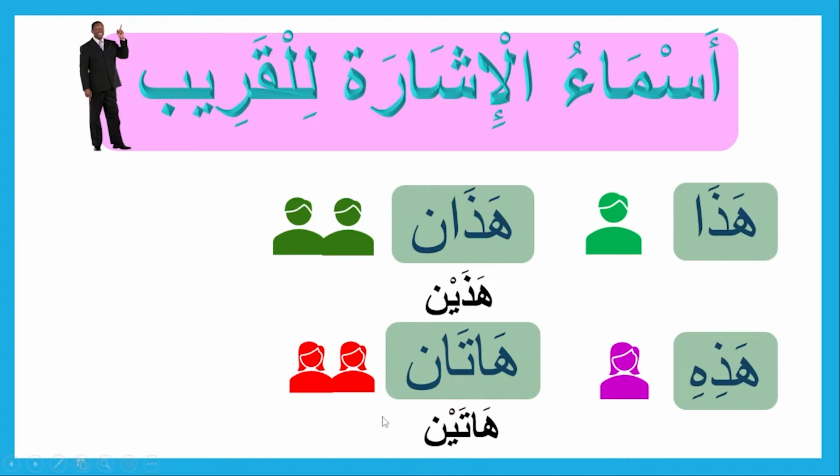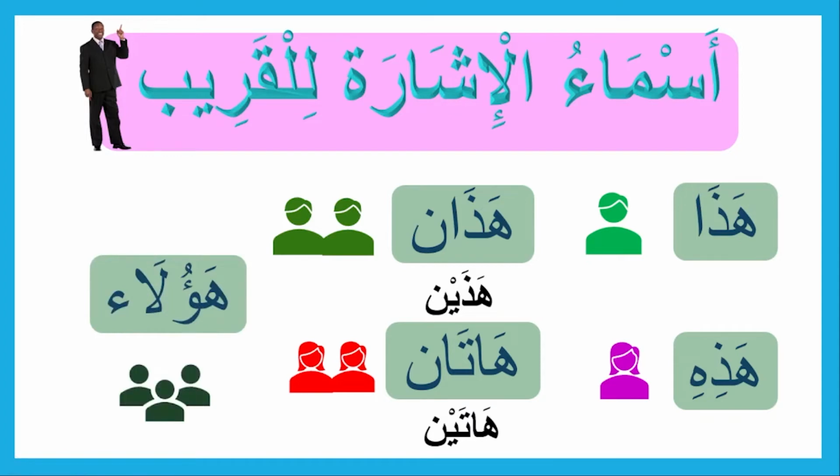The last one is هؤلاء, to refer to a group of people and not a group of things. Why? Because if you have plural of an object, you pick the feminine singular form هذه.